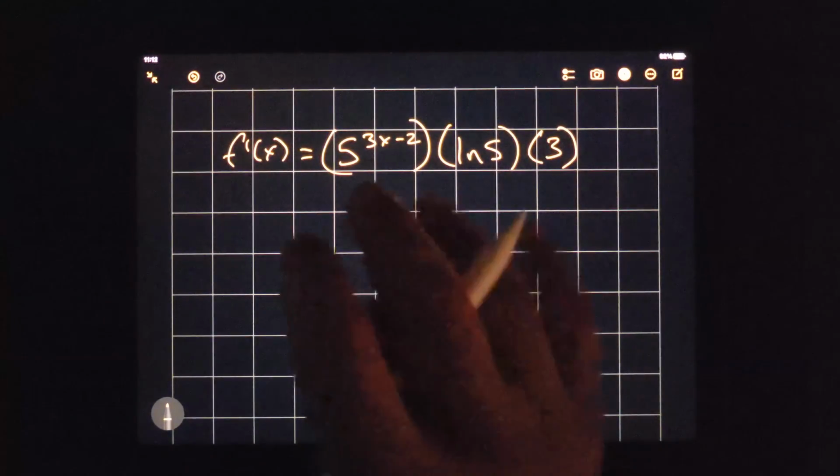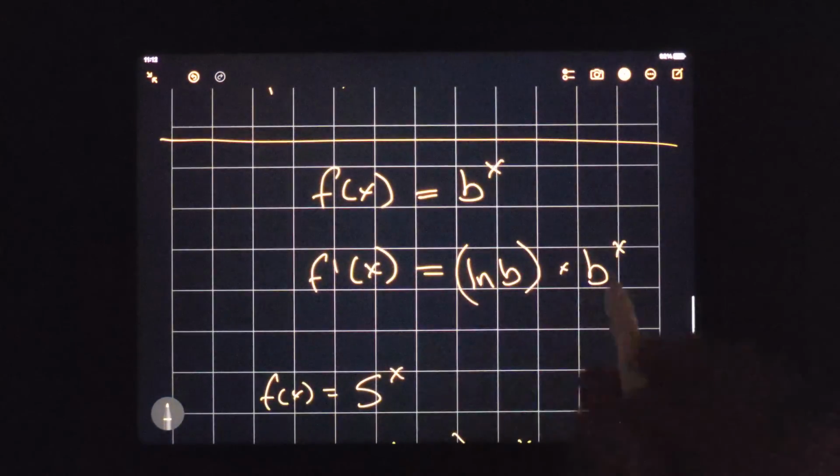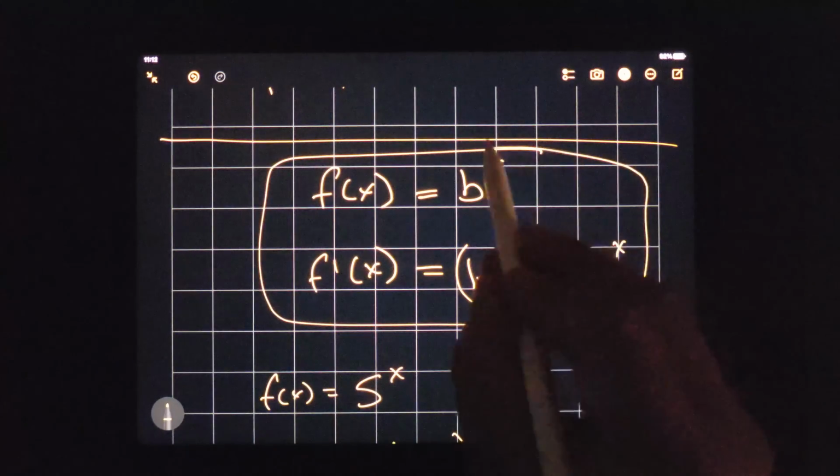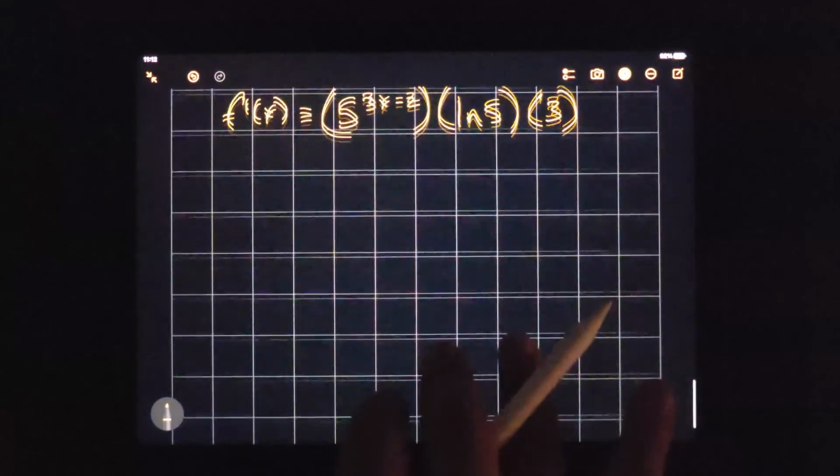I guess this rule only holds true if it's just an x.